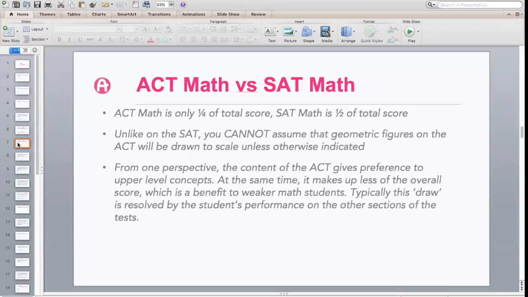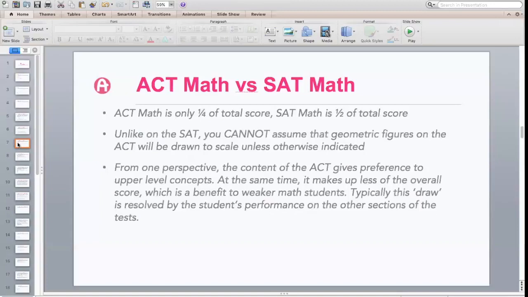So a difficult thing to negotiate in helping a student determine which is the right test for him or her is that typically high-achieving math students prefer the ACT questions because they're harder yet more recent. So they're fresher in the student's mind, and those upper-level concepts are not being tested in a particularly rigorous way.